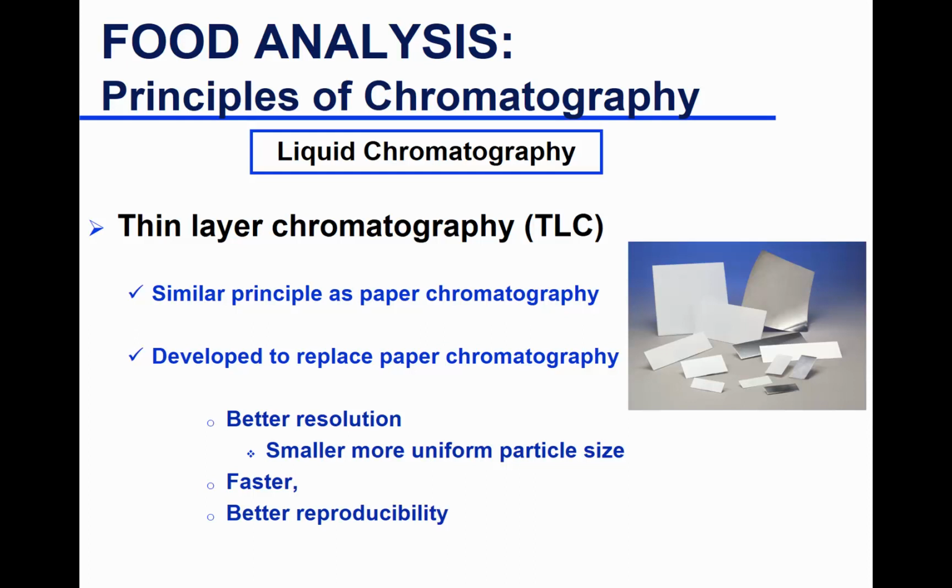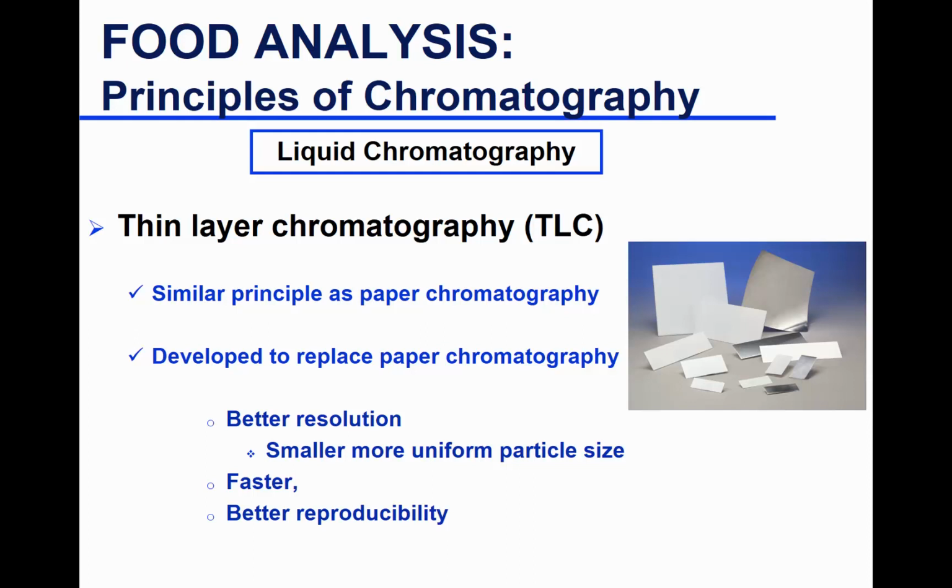It's basically the same principle where you have a stationary phase, in this case immobilized on either aluminum or glass, an inert surface. You use silica most of the time, a silica slurry, and then you spread it into a thin layer of stationary phase that replaces the paper, which is made of cellulose.